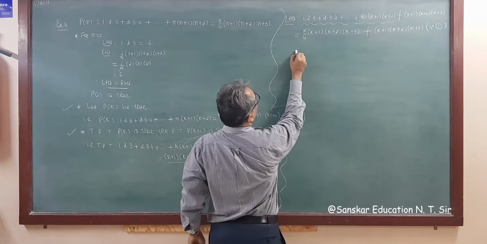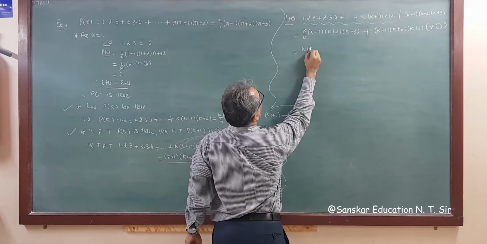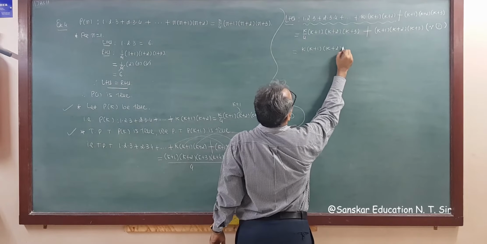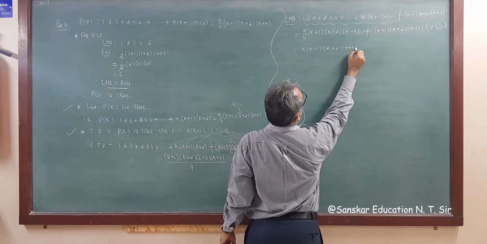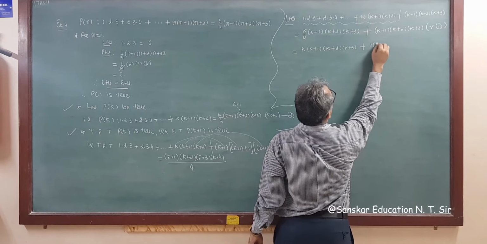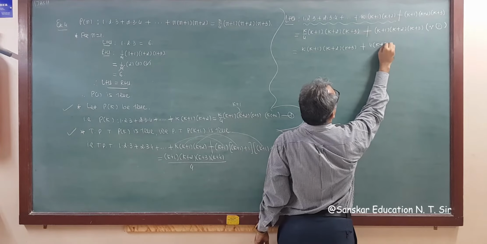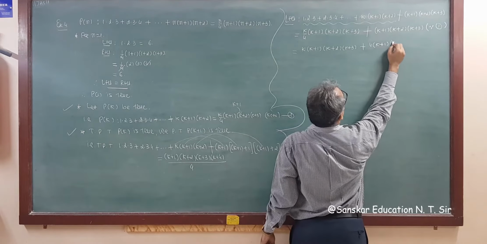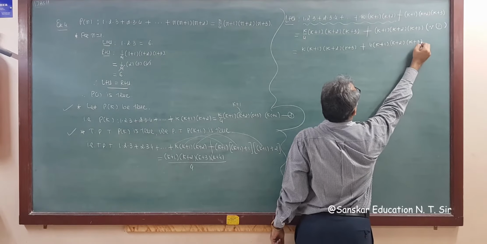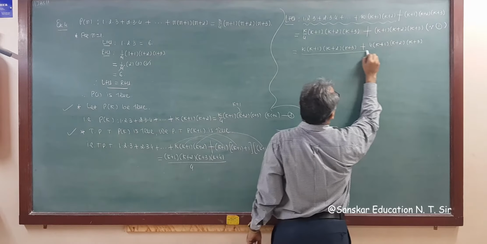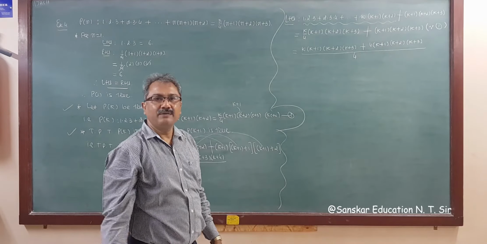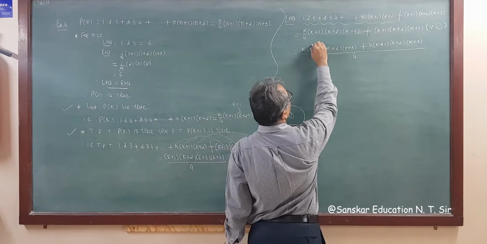This is k plus 1, k plus 2, k plus 3, and 4 is the LCM. So 4 times k plus 1, k plus 2, k plus 3, divided by 4. Now see, k plus 1 is common.